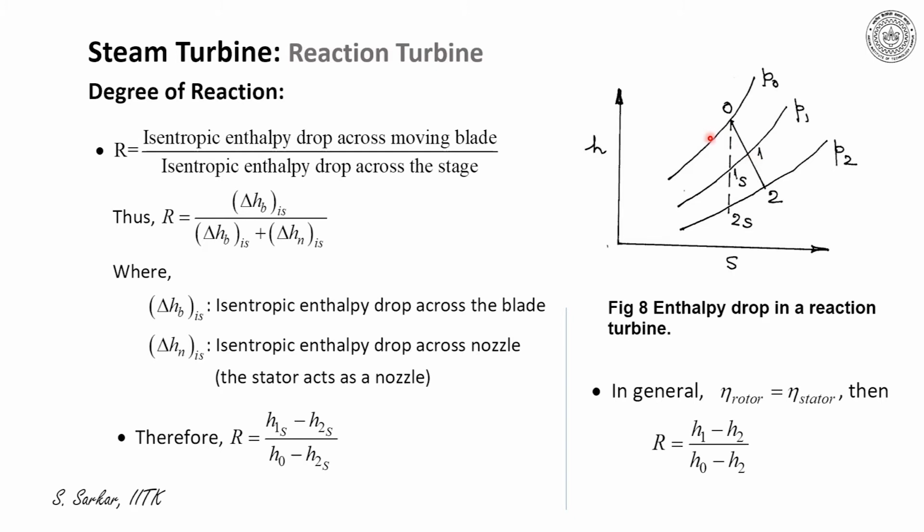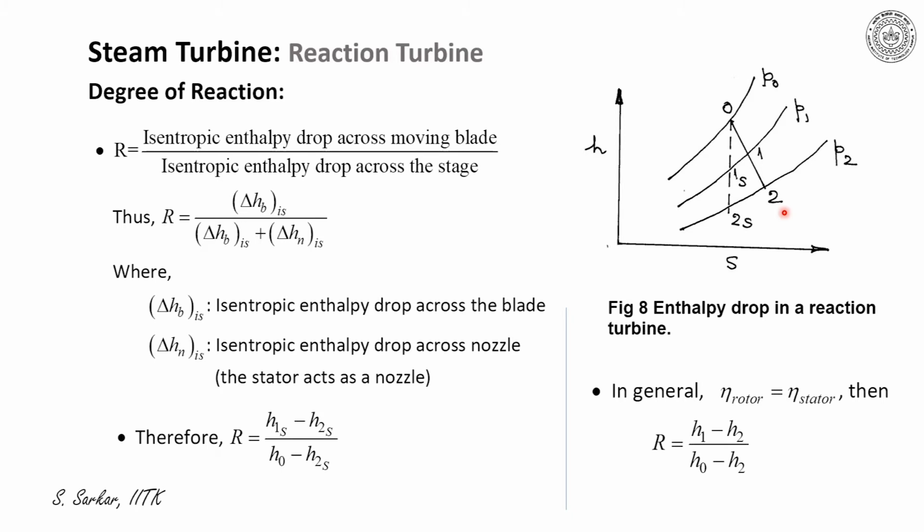Thus, the process 0 to 1 indicates the actual drop of enthalpy in the fixed blade, and 1 to 2 illustrates the enthalpy drop in the moving row of blades.